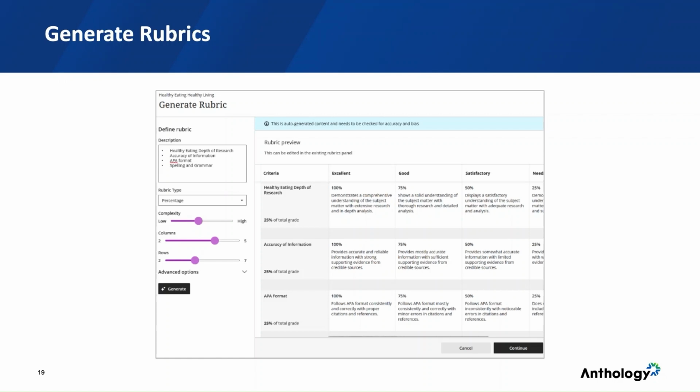So just check that this is enough suggestion for you or enough content within that rubric. And then when you click on continue, you will be able to edit criterion titles, percentages. You can also edit the level titles and their percentages if you're using a percentage rubric type, and the descriptors.